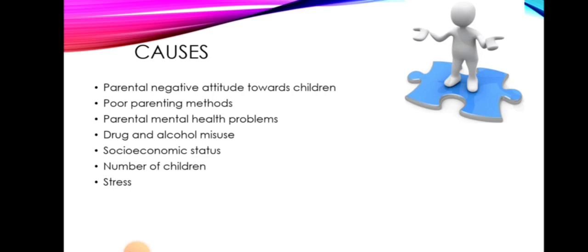Next, if the parent is a drug and alcohol user, they will use the child in unwanted ways. And other causes are poor socioeconomic status of the family, more number of children in the family, stress of the parents, and strict behavior of the parents.